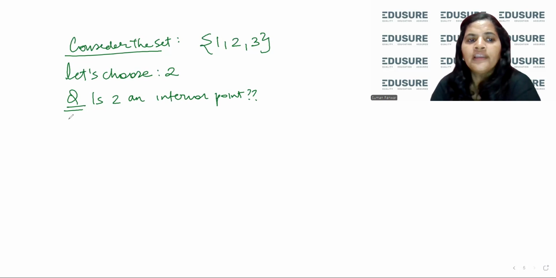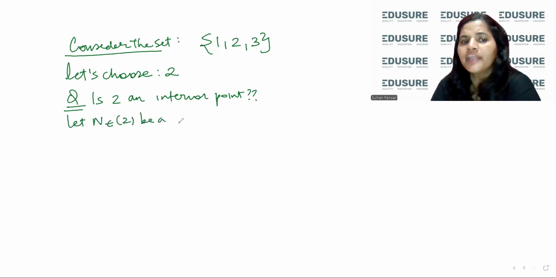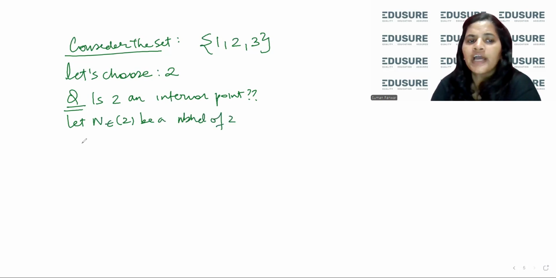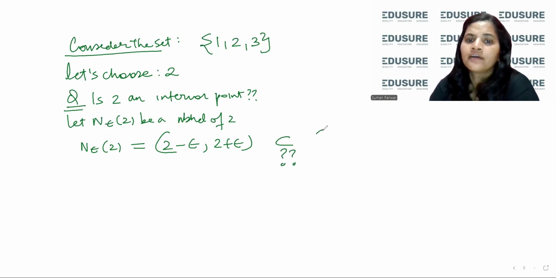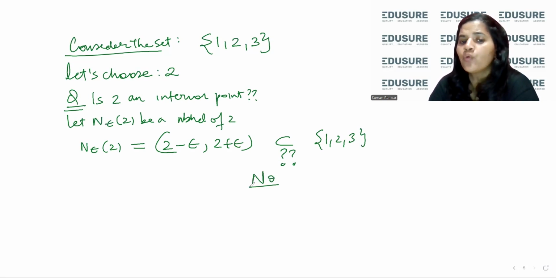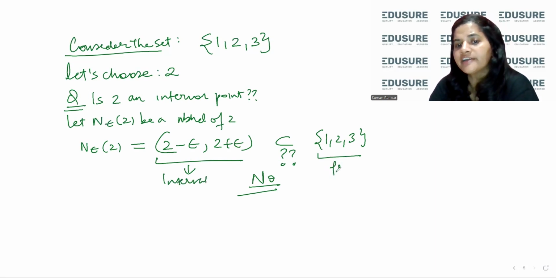Let N epsilon 2 be a neighborhood of 2. That means N epsilon 2 will be of the type (2 minus epsilon, 2 plus epsilon). It is an interval. Is this contained in the set {1, 2, 3}? The answer should be no, because this is an interval and this is a finite set.